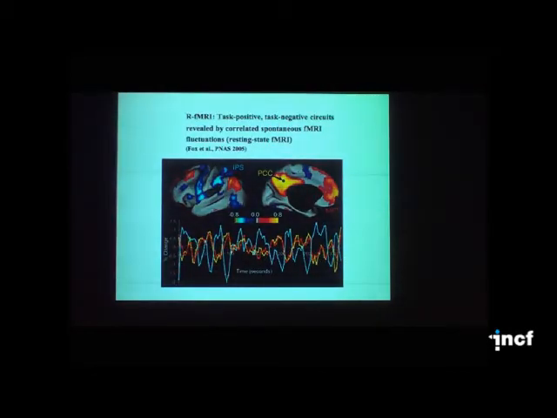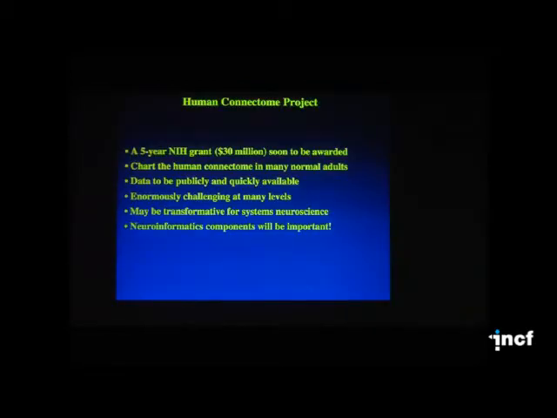So we can do that for structural based approaches of diffusion imaging. We can side by side analyze the same subjects for resting state functional connectivity of the type I told you about in the macaque and has been done extensively in humans.